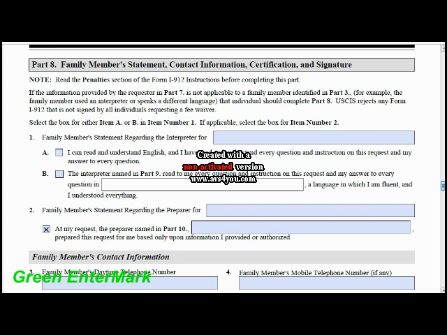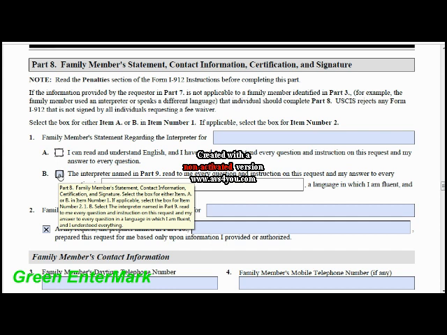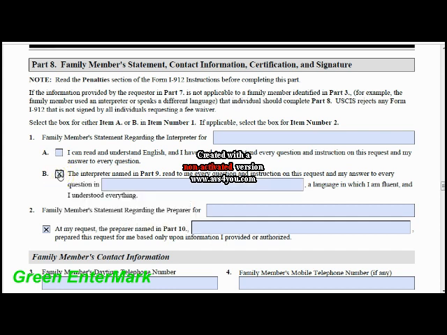Now part 8. Part 8 is for each family member who is submitting this form for the fee waiver process. You have to give the statement and sign it, just like you did above in part 7, that I can read and understand English, or I cannot read or write English, so I am getting the help of an interpreter.